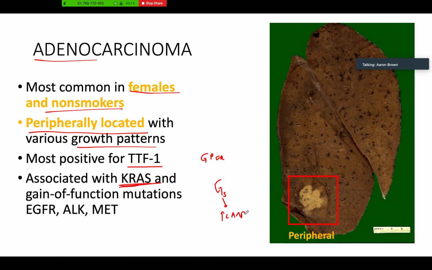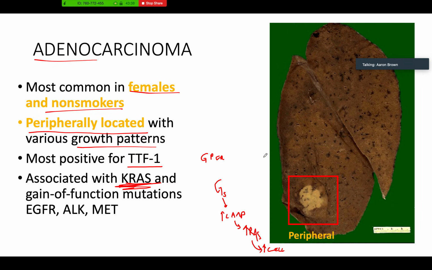After we increase our level of cAMP, that's going to activate certain other enzymes. One of those proteins that's going to be activated is our KRAS, and ultimately it would have downstream effects. In this case, it would be to increase the cell cycle. We need to start multiplying and creating more cells.